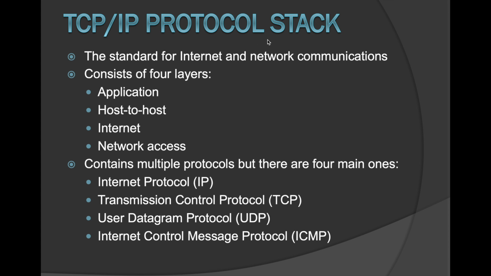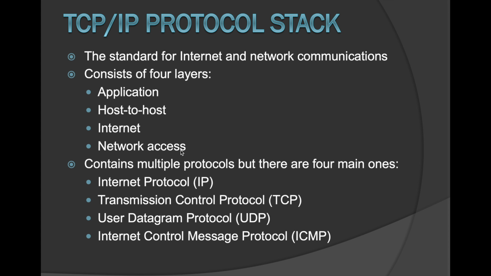The TCP/IP protocol stack is a simplified version of the OSI model that only has 4 layers. Like I said, those top 3 layers just get combined into the application layer. And then you've got the host-to-host layer, the internet layer, and the network access layer.